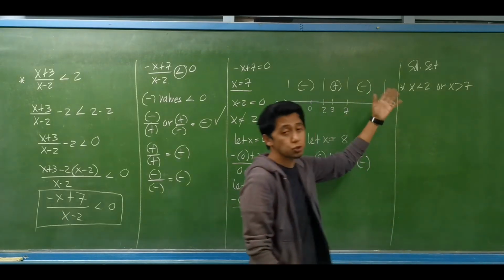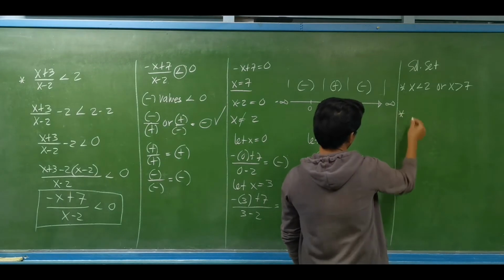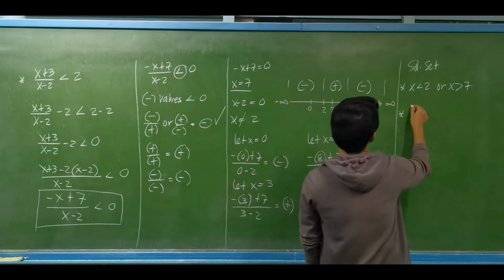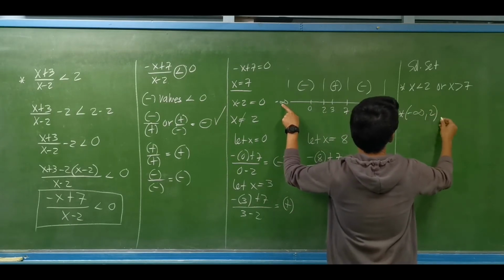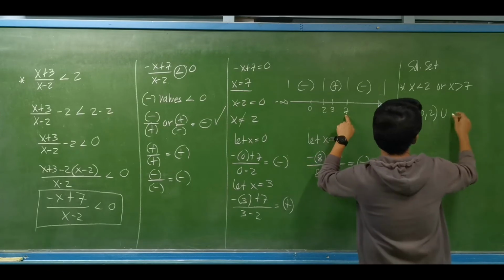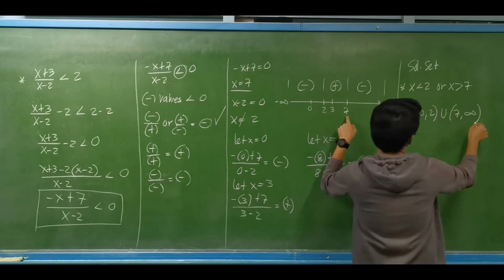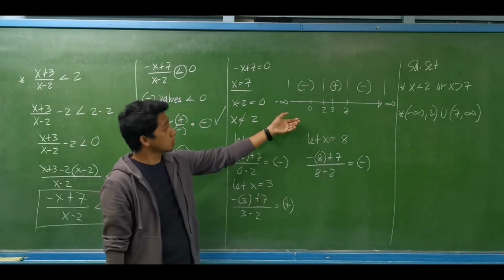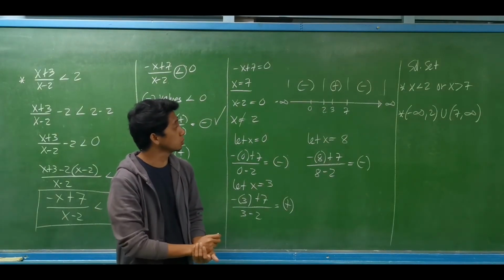That is our solution set in terms of inequality. In interval notation, this is from negative infinity to 2, union 7 to positive infinity. We are using parentheses since 2 and 7 are not part of the solution.